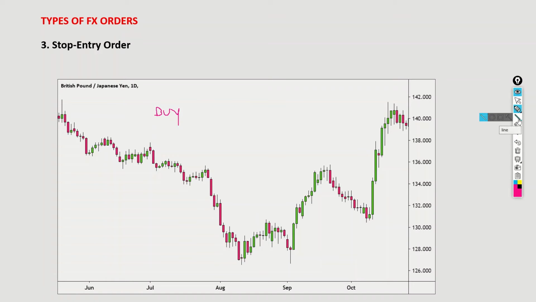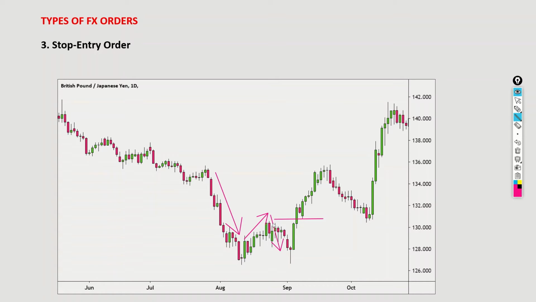For example, when you look at the chart here, the price went down, then it rose, then it went down, then it went up again. You might say that when the price comes back and reaches this level, it will keep going up.